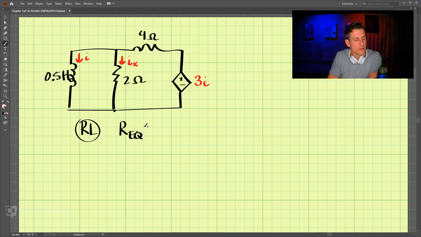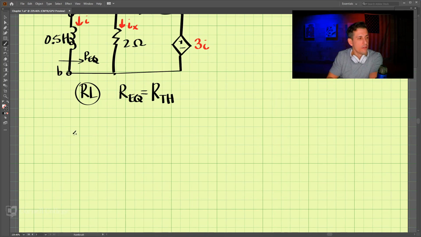That's a little difficult with this inductor, but the equivalent resistance is going to equal the Thevenin resistance through the terminals here and here. We can call these A and B. So we're looking for the equivalent resistance here.